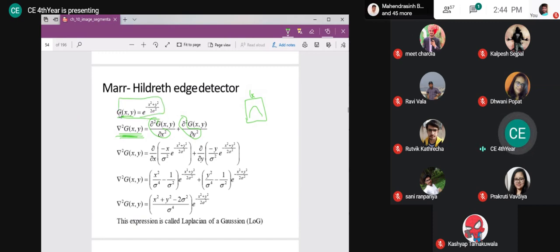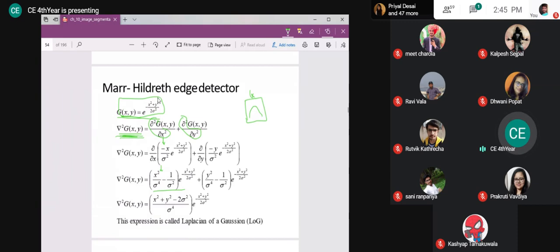Suppose I find the first order partial differentiation with respect to x. What will be that value? It will be e raised to minus, with y considered as a constant. I want to find this value, that differentiation with respect to x, and again differentiation with respect to x. So this is two times differentiation of my g function with respect to x. Only the x partial derivative, you know very well.